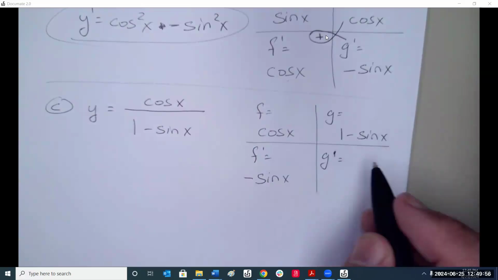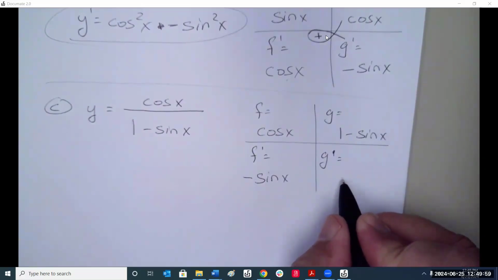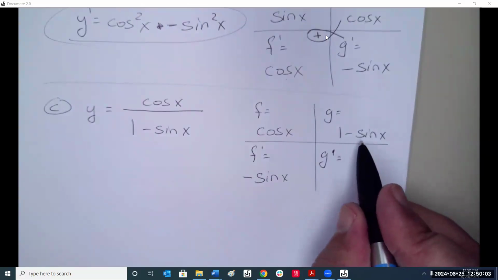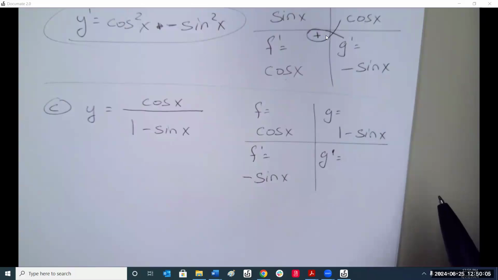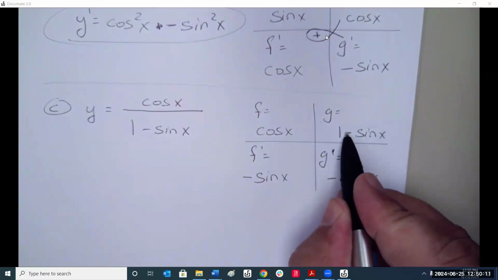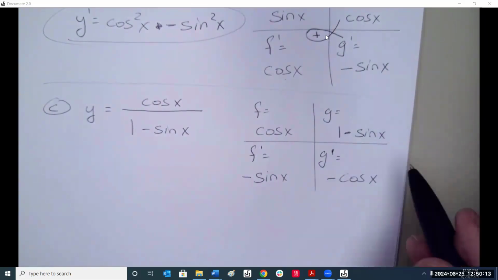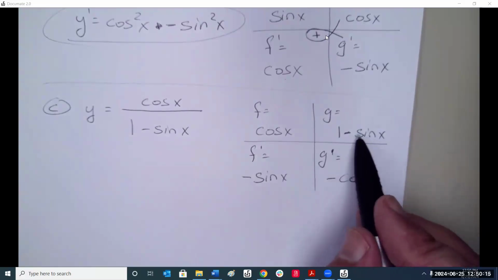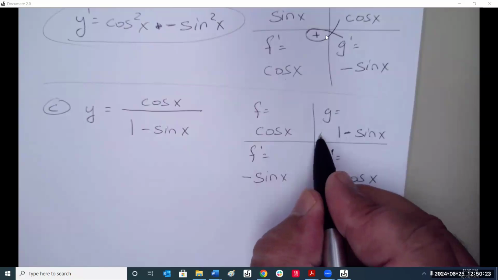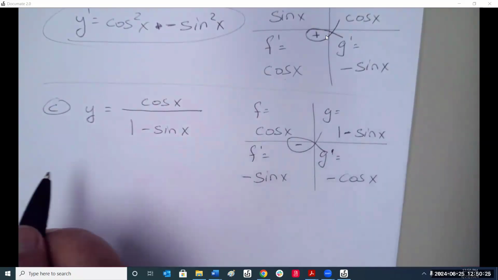Derivative of 1 minus sine x, minus cosine. Yeah, because the sign in front doesn't change. It would have changed if this was negative cosine, it would be positive sine. So we're dealing with this, so it's a minus.